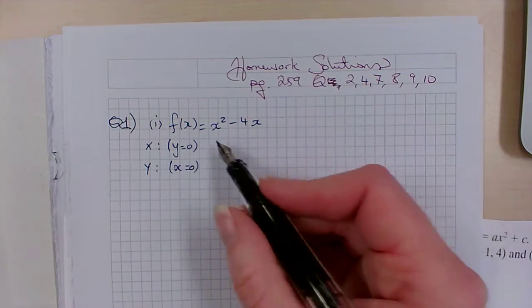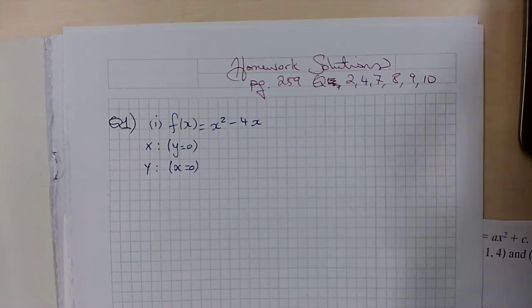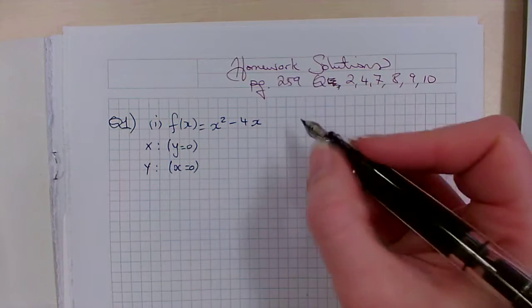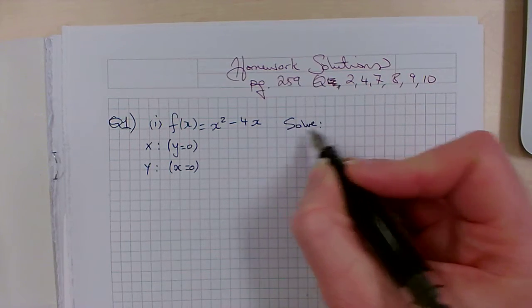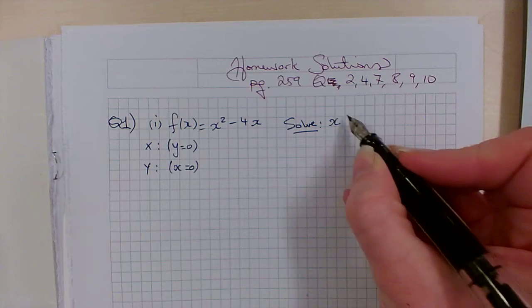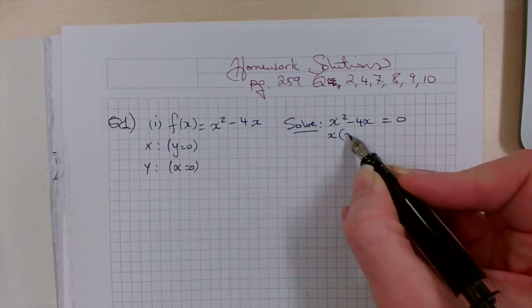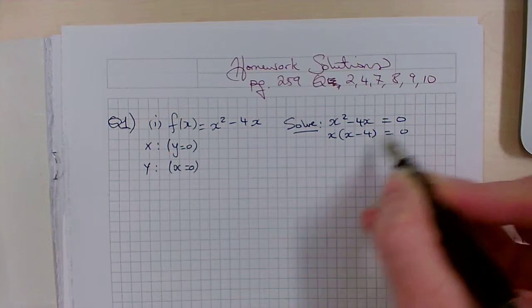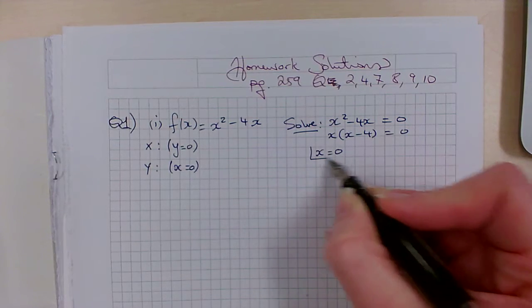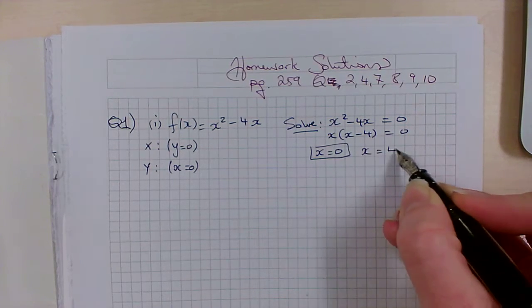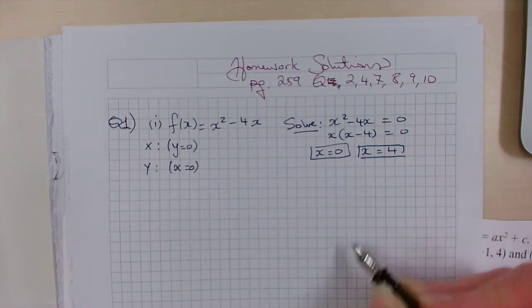If I want y equal to 0, I'm trying to find the roots of that quadratic: x squared minus 4x equal to 0. I can factorize out a common factor and then let each factor in turn equal 0 to get my two roots like that.